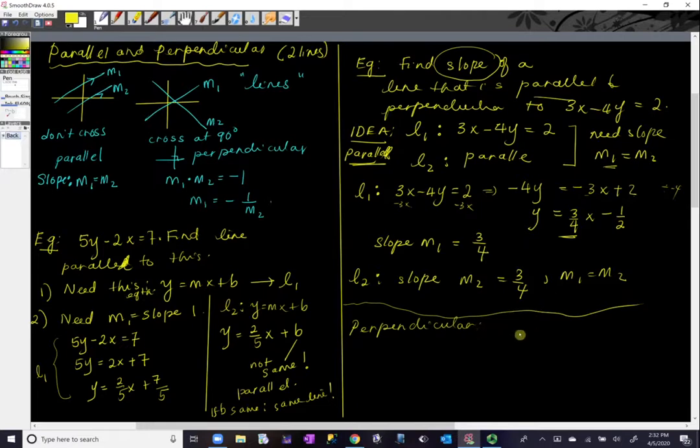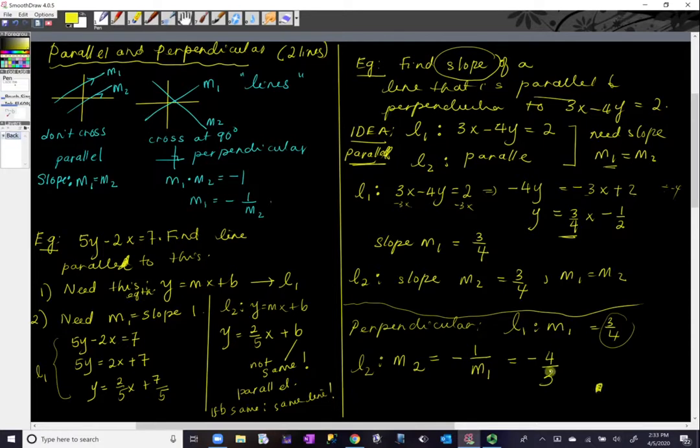Again, L1, I have a slope, and the slope is 3 over 4 from above. L2, I want my slope. M2 will be negative the reciprocal of m1. So the reciprocal of 3 over 4 is 4 over 3. You just slap a negative in the front and you are done.